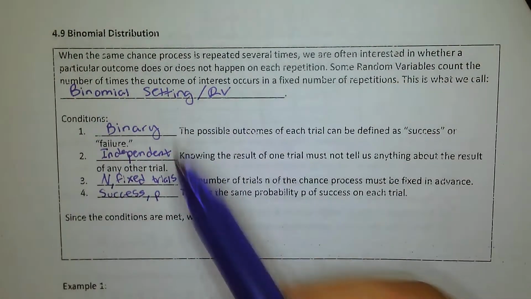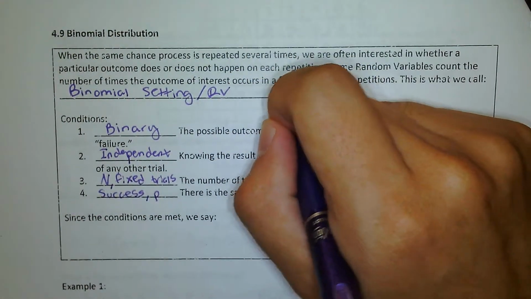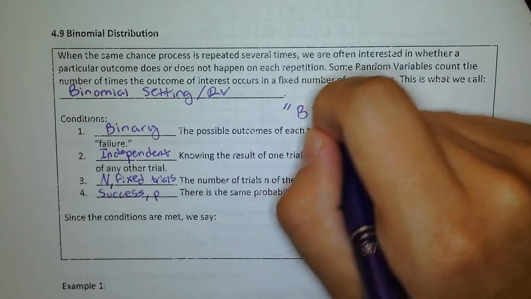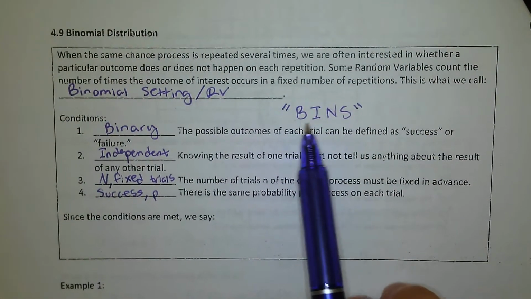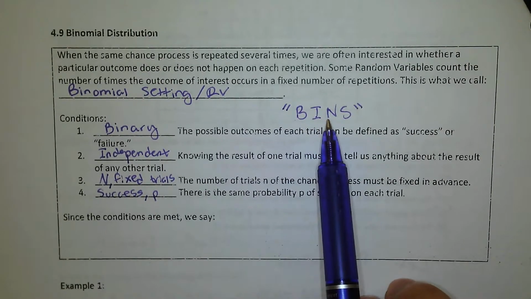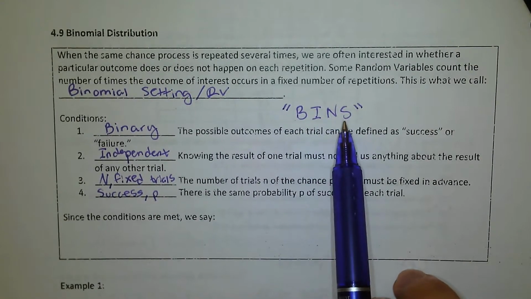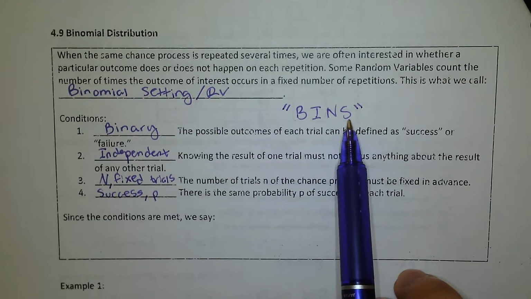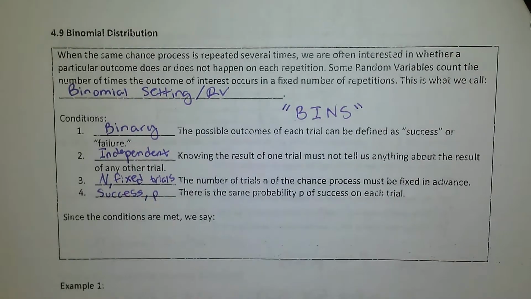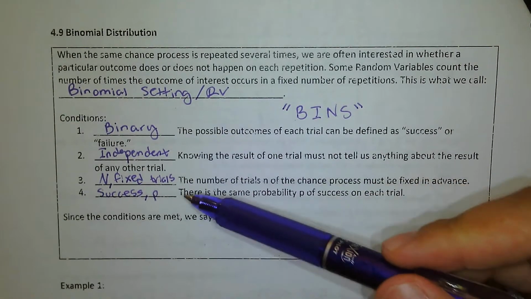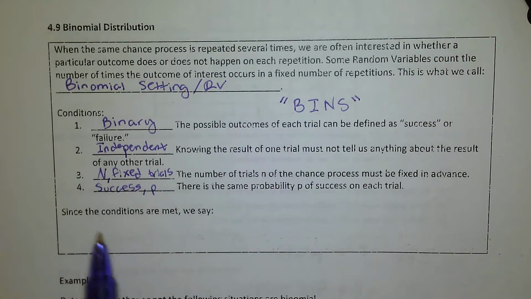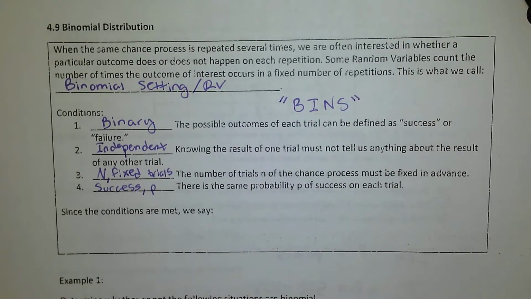So when you are in a binomial setting, or when you think you're in a binomial setting, you are checking for BINS. You're checking for binary outcomes, independent outcomes, and fixed number of trials, and then a fixed probability of success here. So these are the four conditions we look for in a binomial setting. And then, if we verify these four conditions and they are met, we will say, since the conditions are met, we have the following.